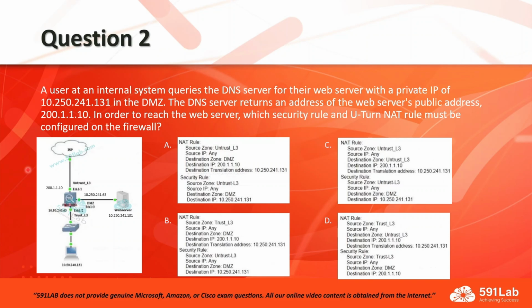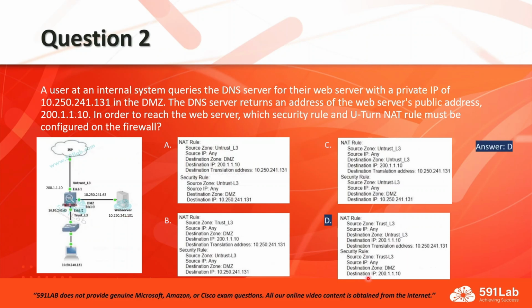So we can go back to question number 2. The answer will be D. So we need a NAT rule which comes from the trust L3, with any source IP on the trust L3, and the destination will be in the untrust L3, because we need to go to the destination IP 100.1.1.10, and the destination translation address will be the web server, that is 10.250.241.131.